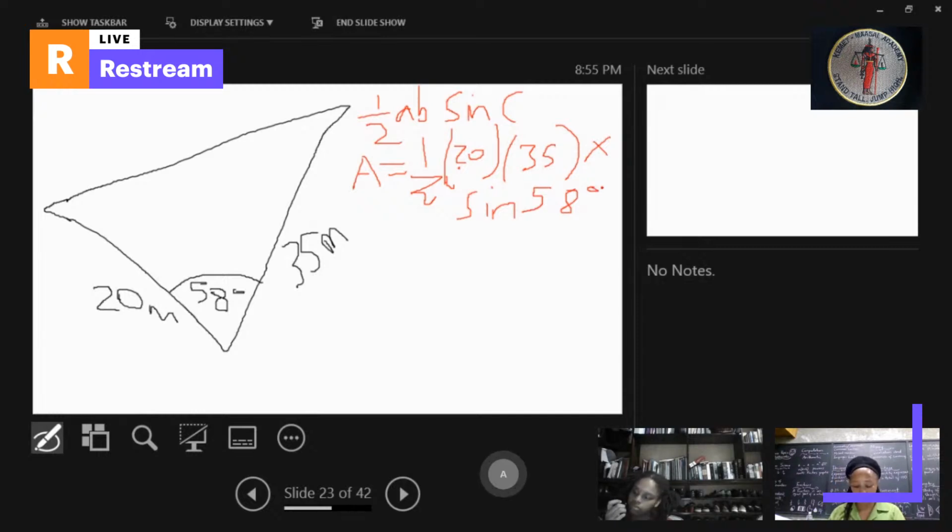So half of 20 is 10. And 10 times 35 is 350. Then multiplied by sine of 58. Okay, so 350. And the sine of 58 is what?